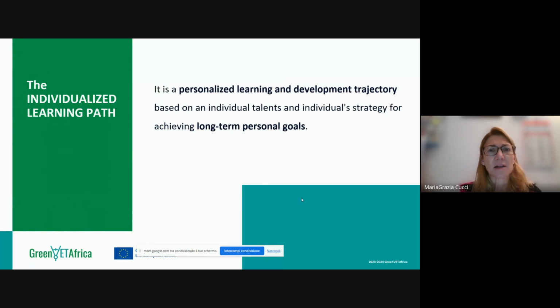It is a development trajectory. It is something that we state in order to achieve long-term personal goals. It is something that we define for all the students.